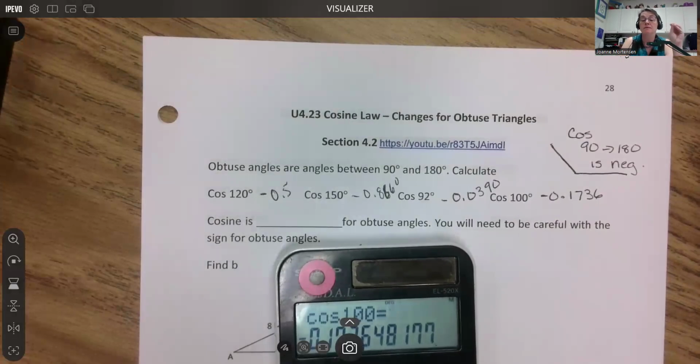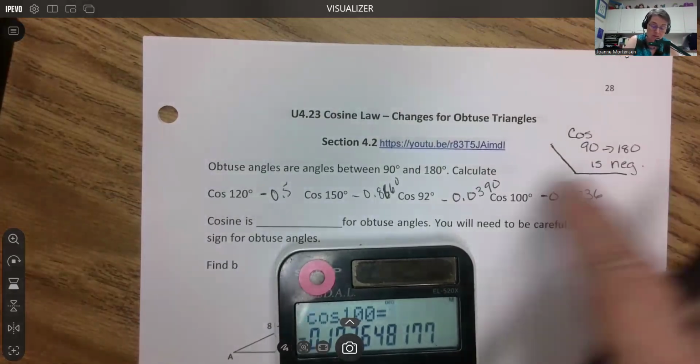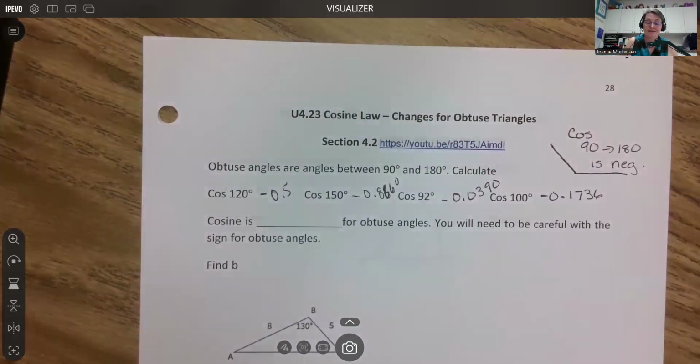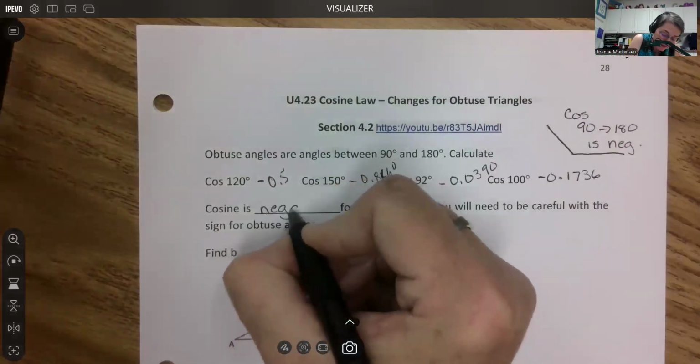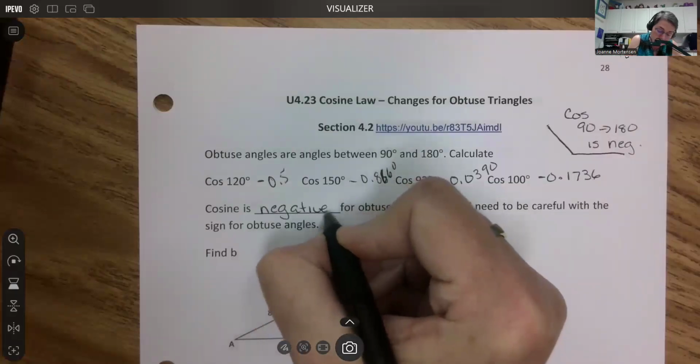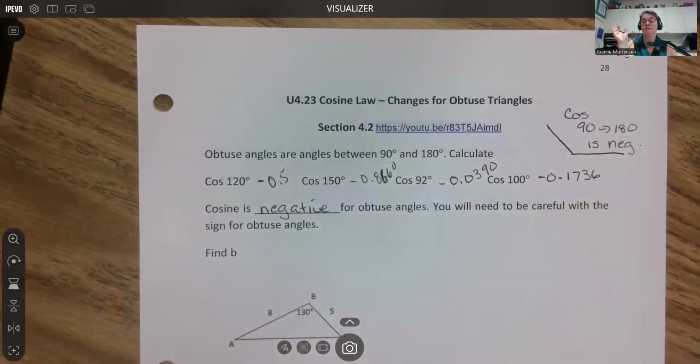So the moment I see an obtuse angle with cosine, it's just watch your signs. Cos is negative. So cosine from 0 to 90 is positive, and then it goes negative from 90 to 180. Sine is positive all the time. Don't have to worry about signs.